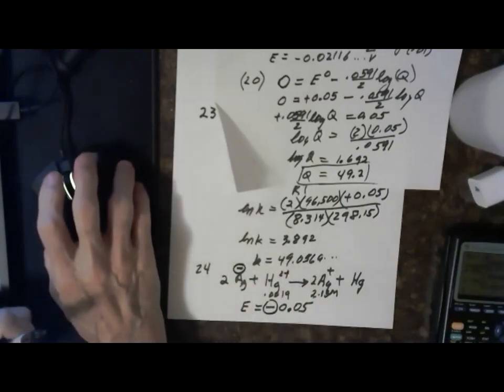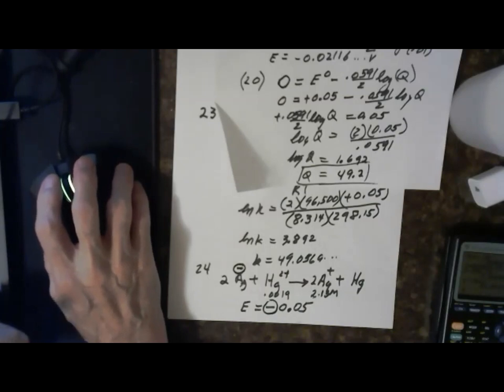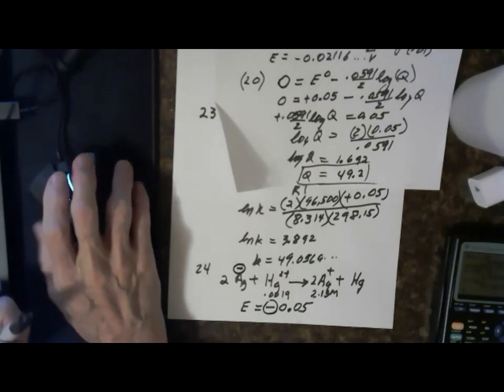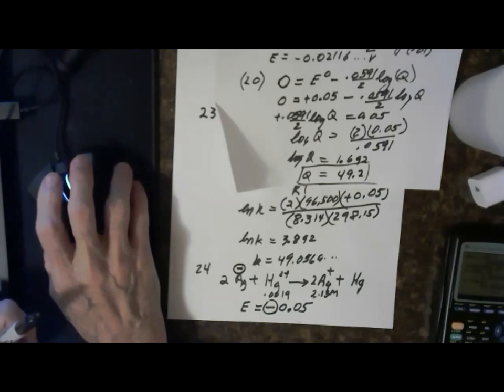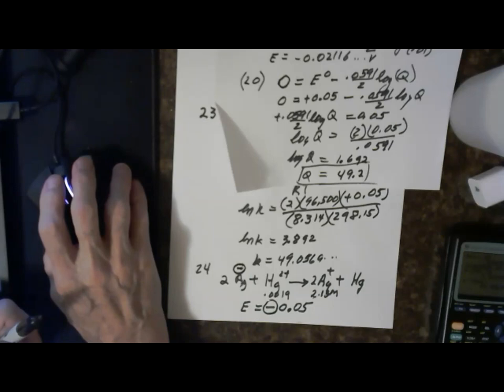In the cell that we're talking about, the electrons now are produced on the platinum wire that goes to the mercury metal down here. So this is going to be the negative electrode. Negative electrons are going to flow through the external circuit from right to left. Negative charge is going to go through the salt bridge to complete the circuit.